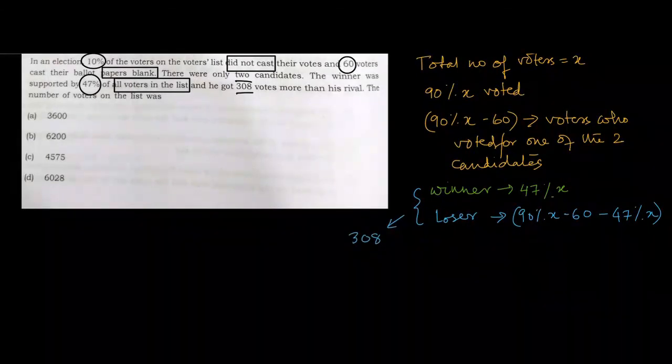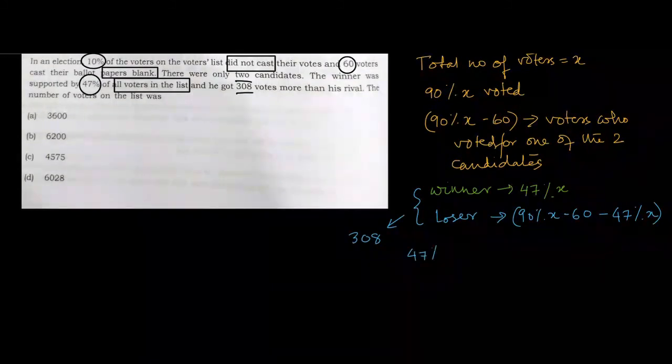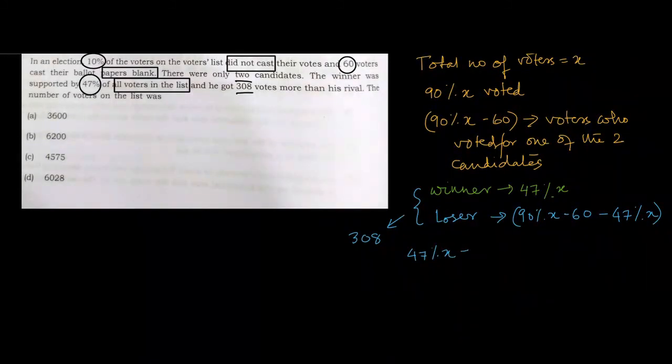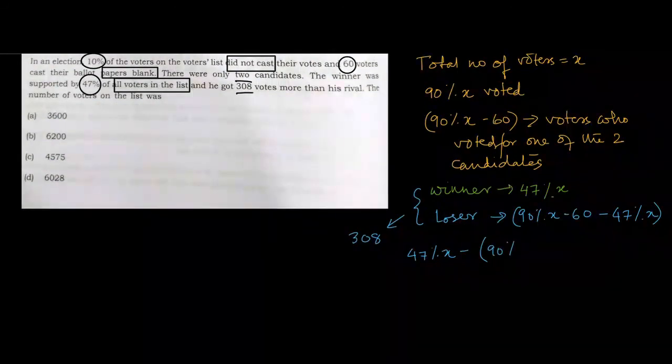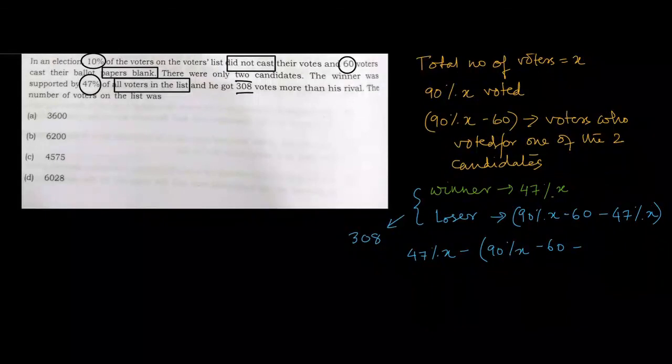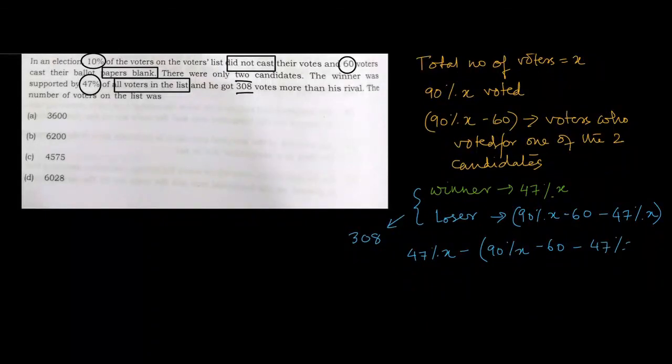So therefore we get 47% x minus (90% x minus 60 minus 47% x) is equal to 308.